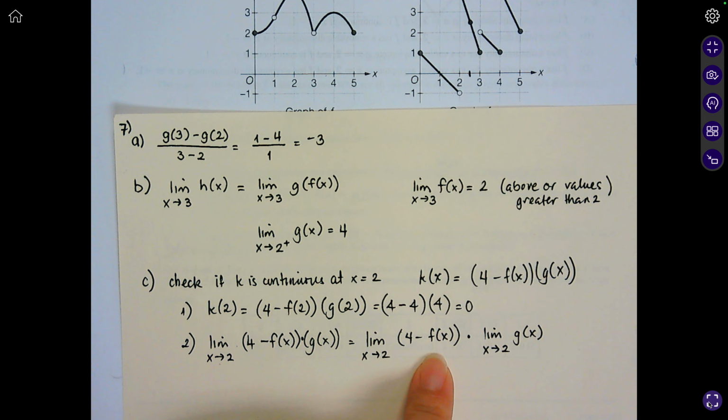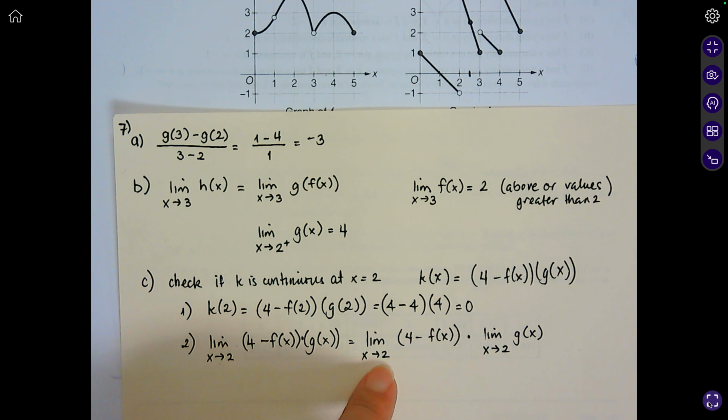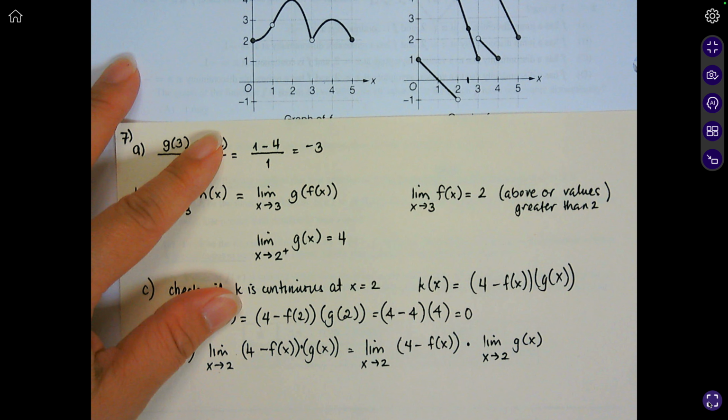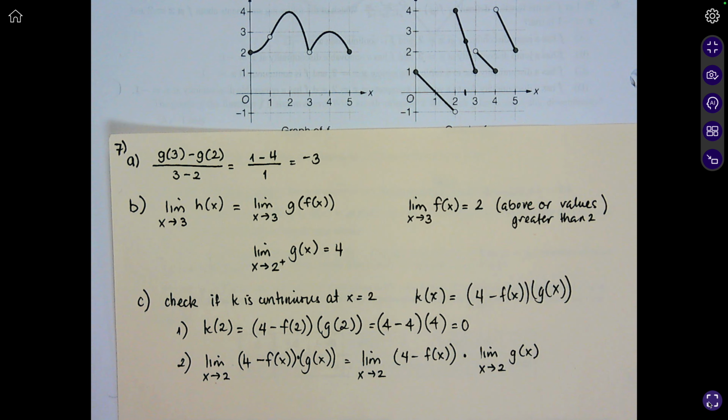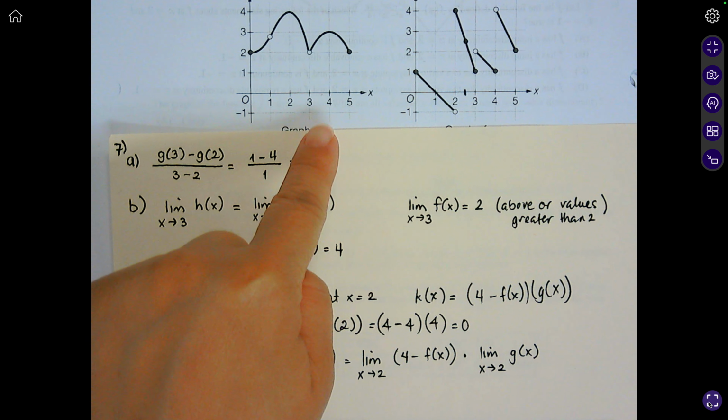So now let's find the limit for 4 minus f of x. 4 is a constant. So the limit as x approaches 2 of a constant is that same constant. What about the limit as x approaches 2 of function f? What would your value be? You guys see it? Here's f.